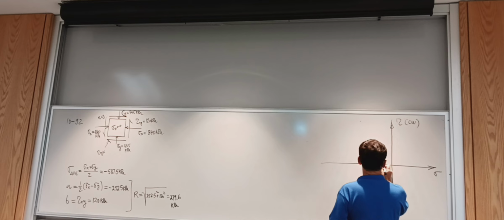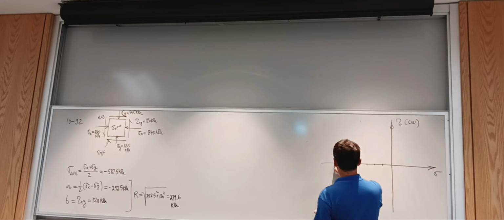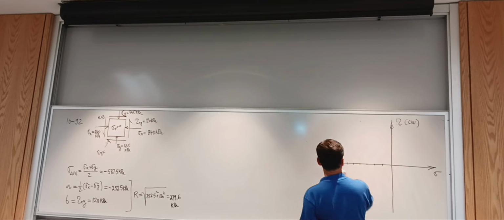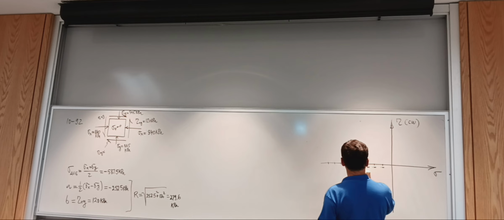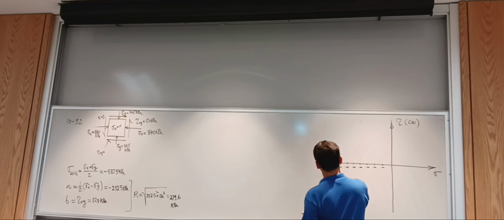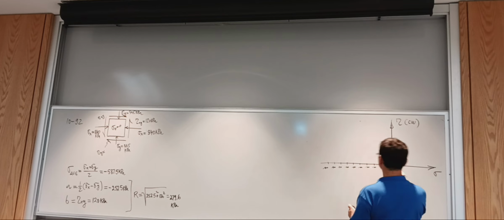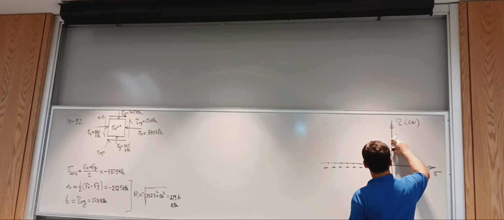So 100, 200, 300, 400, 500, 600, 700, 800, 900, negative 100, negative 200, negative 300... negative 800, negative 900. We'll probably go above.